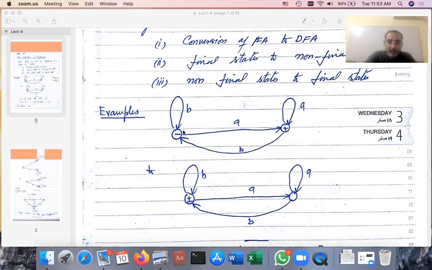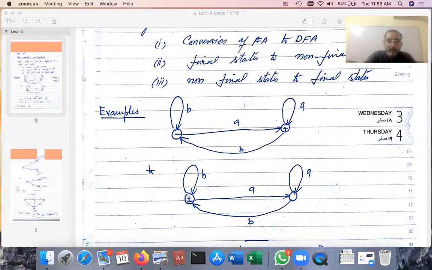For example, I can see that there are 2 input symbols, and this is one edge and this is another edge. So the output degree is complete. And on this state, this is one edge and this is another edge. So the output degree with A and B is complete. So this is basically a DFA, and I don't have to convert this FA into DFA because it is already a DFA.